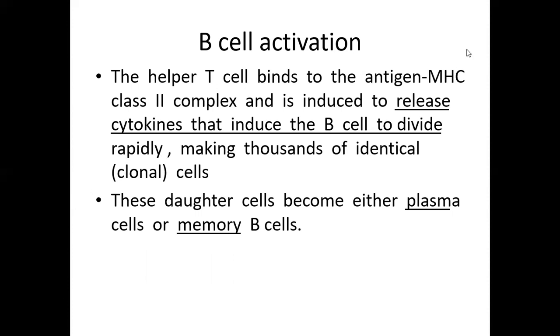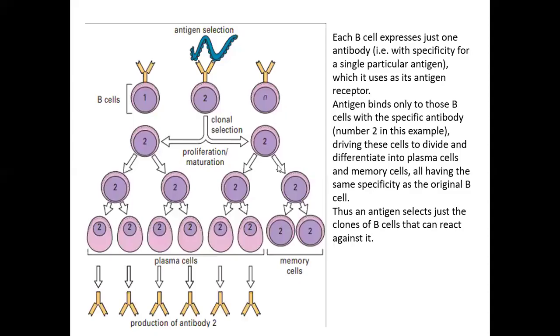The helper T cell binds to the antigen MHC class II complex, and it is induced to release cytokines that induce the B cell to divide rapidly, making thousands of identical clonal cells. These daughter cells become either plasma cells or memory B cells. So here we can see the process of maturation of B cell, and then they become the plasma cell.